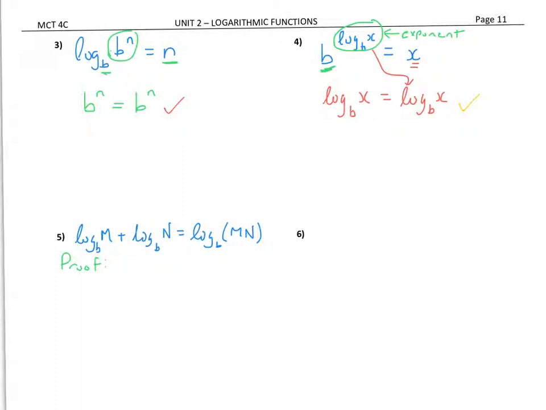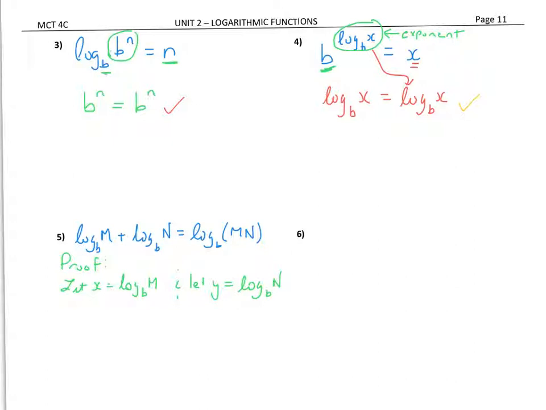We are going to let x equal the log of m with a base of b, and we'll let y equal the log of n with a base of b.